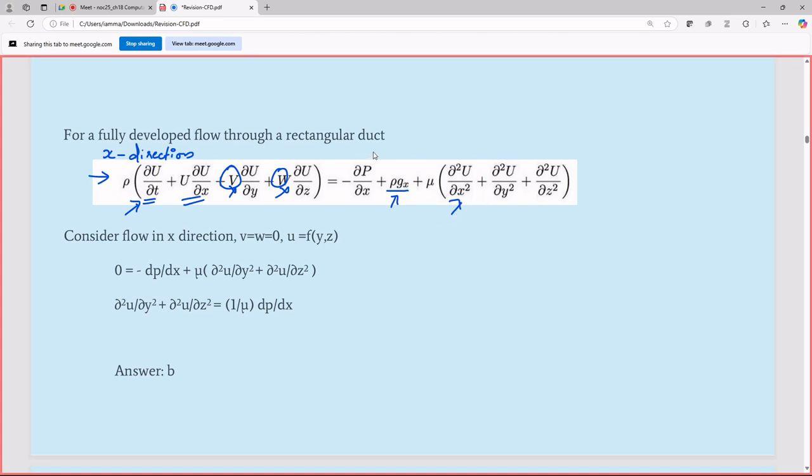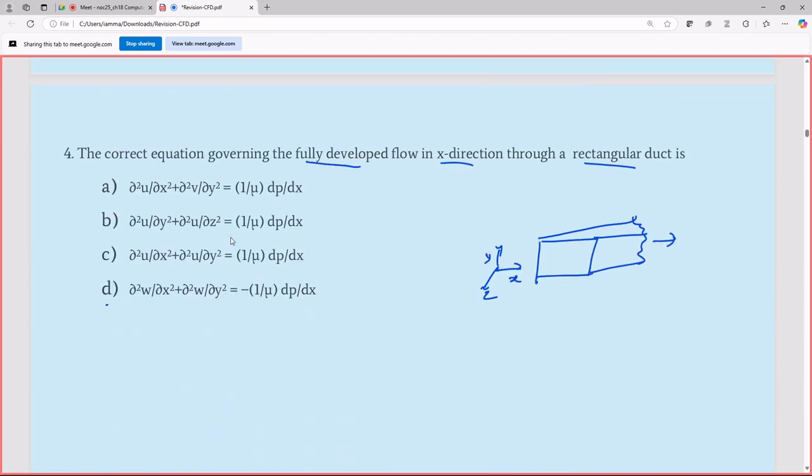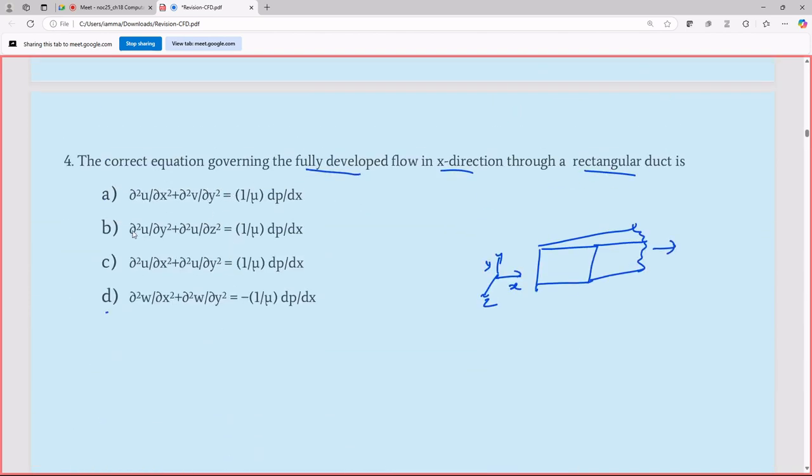Then we will be left with the remaining terms. If we rearrange, taking it to the other side, the equation will be dou square u by dou y square plus dou square u by dou z square is equal to 1 by mu times dp by dx. Our answer is B. This is our equation answer.